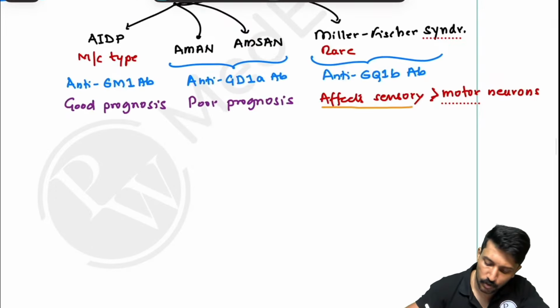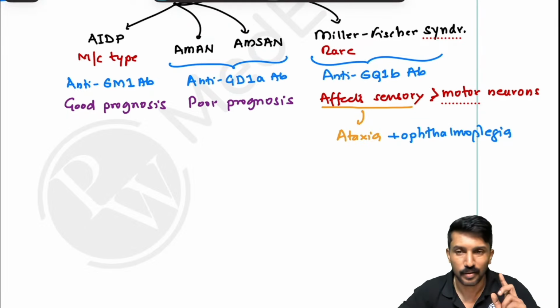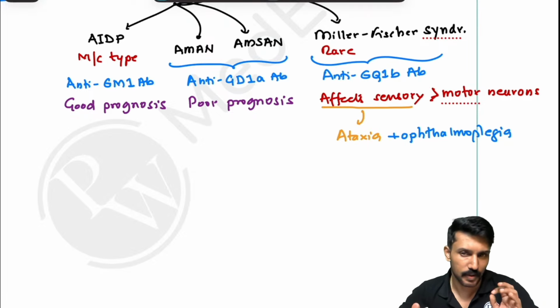So Miller-Fisher syndrome is characterized by ataxia, and along with ataxia we will also have ophthalmoplegia, weakness of the extraocular muscles, but minimal or no motor weakness. That's very peculiar of it, right?